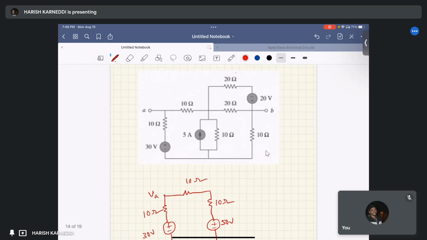Previously we replaced with 20 ohm and 1 amp, right?